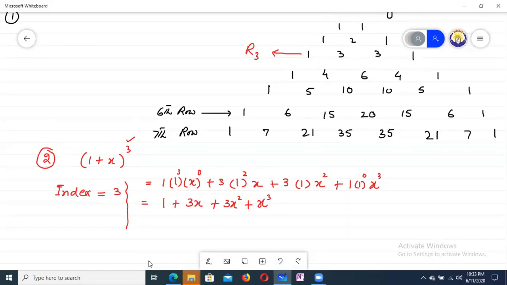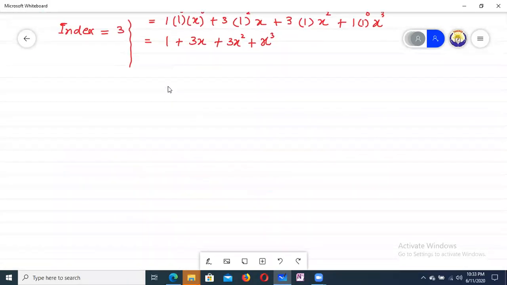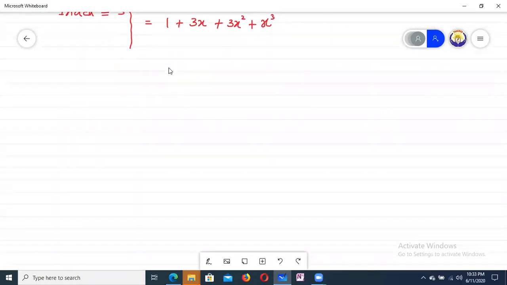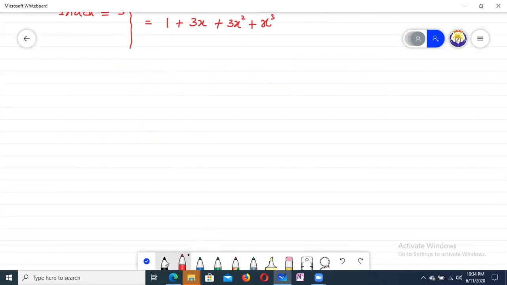Now we'll do the last part of this question. The last part is part L. Part L is (x square minus 1 divided by 2x cube) whole cube.